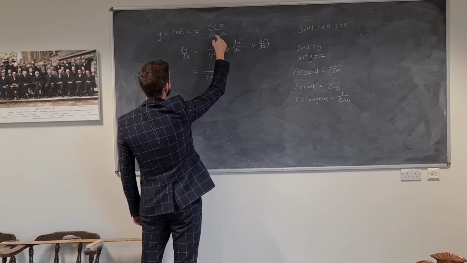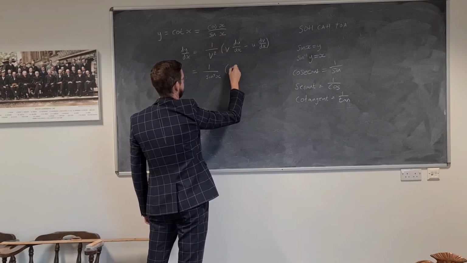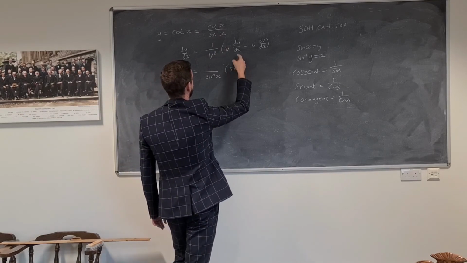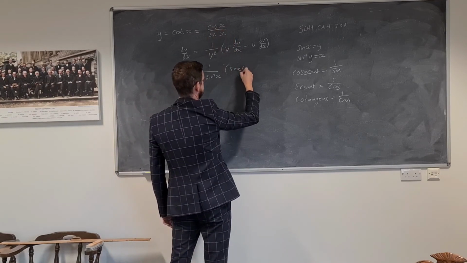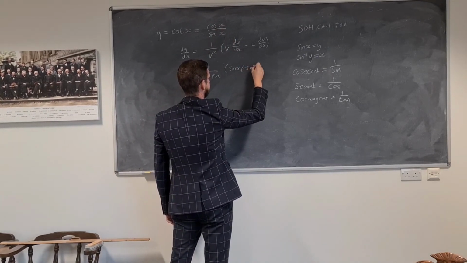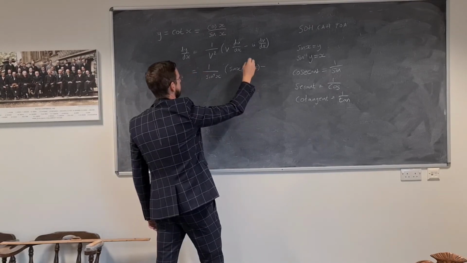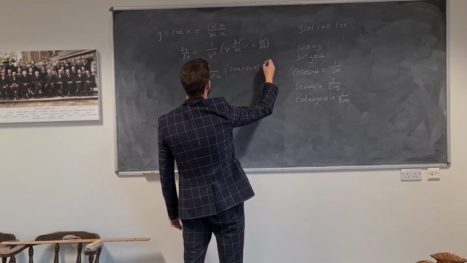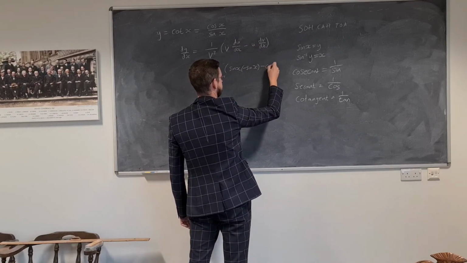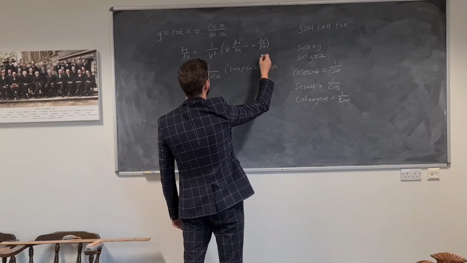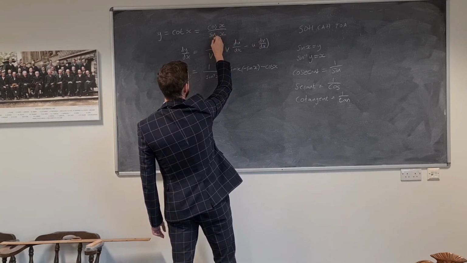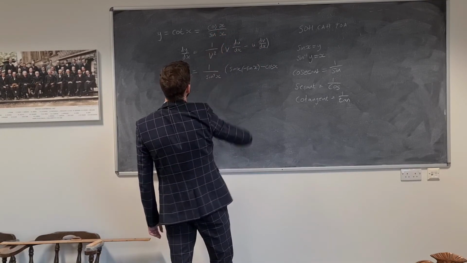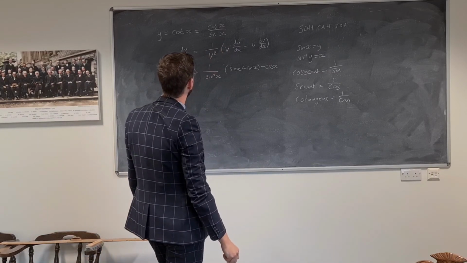Now v is sine x, multiplied by the first derivative of u, and cos goes to minus sine. Minus, and then we've got u, which is cos x, multiplied by the first derivative of v.